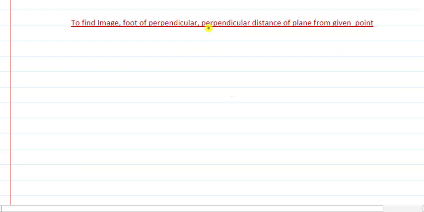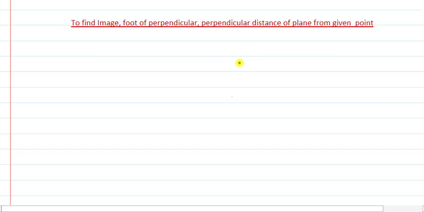Now, let me discuss one more topic. This is how to find the image of a point in a plane. Number 2, the foot of perpendicular of a given point in a plane. And number 3, to find the perpendicular distance of a given point from the plane. Let me discuss all these through one example only.